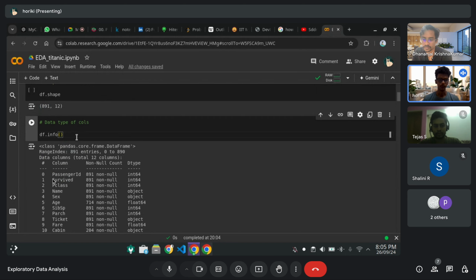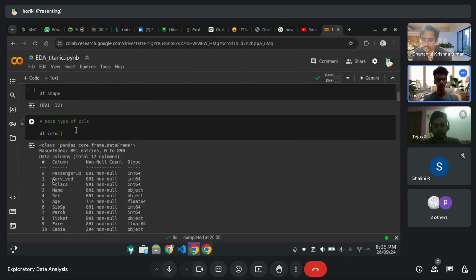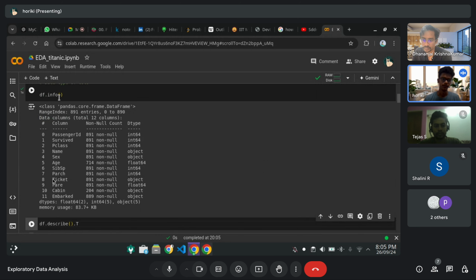Then we will look at the info. This function allows us to see various things about each column. Passenger ID has 0 null values and its dtype is int64. And you can see the most null values are in cabin, where only 204 are non-null. That's more than 60% null.